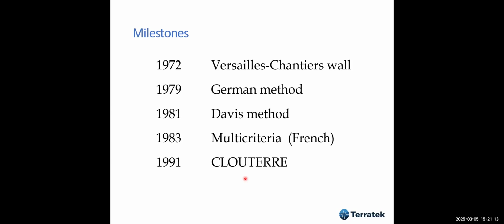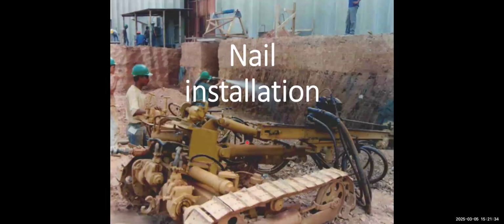This was a very important milestone to understand how these kinds of walls behave and how to design them. Today, we don't use these methods anymore because we use computers and limited equilibrium analysis, which I'm going to show you later on.